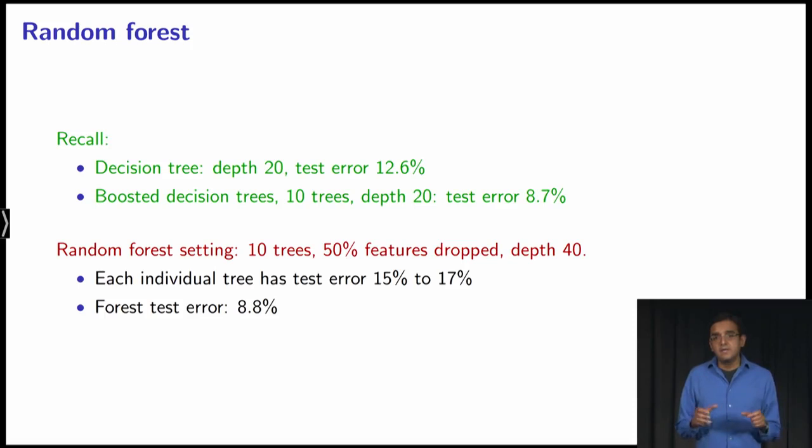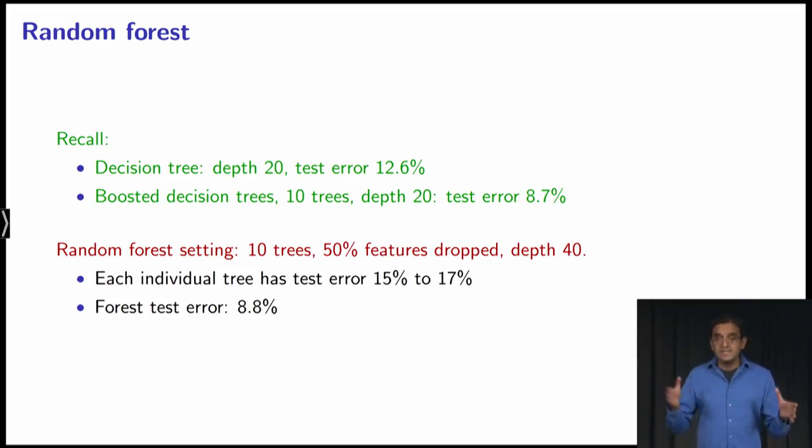It turned out that if you look at any individual tree generated in the random forest, the test error is between 15% and 17%. This is much worse than the error of the single decision tree, and it's because of all the constraints and the randomness in the construction of the tree.